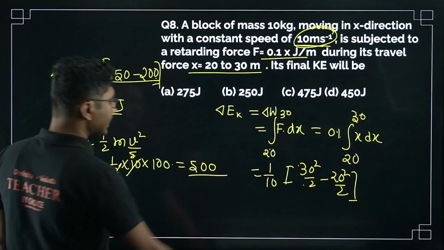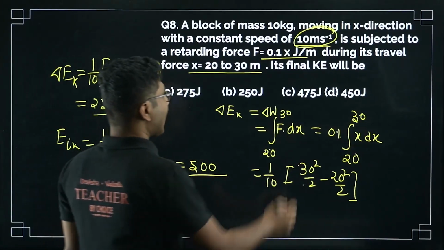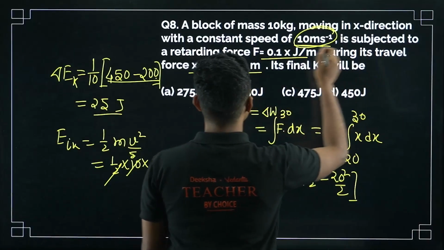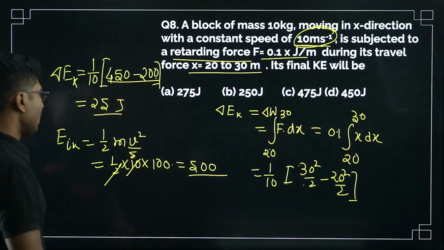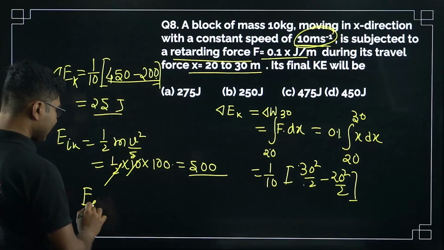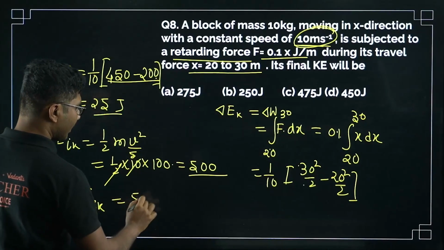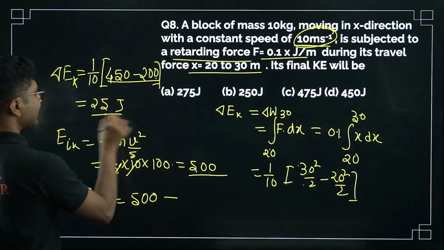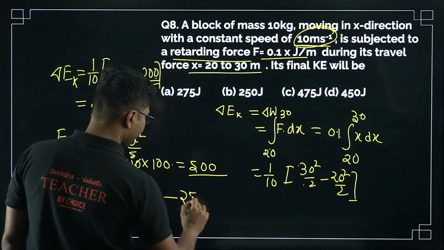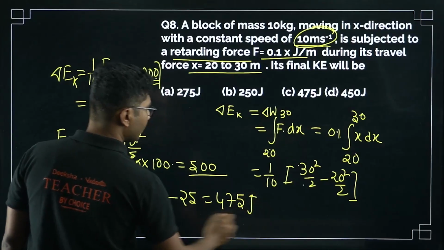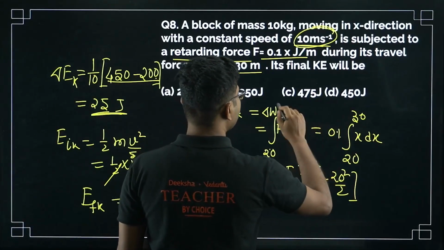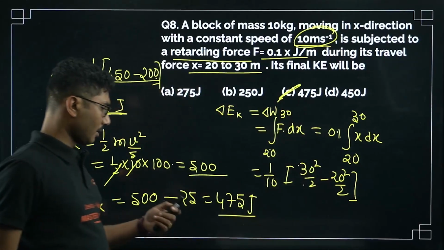Now this is the initial kinetic energy, and the force is a retarding force. Retarding force means it is opposing the motion, so the final kinetic energy will be 500 minus the change, which is 25, that is 475 joules. Okay, so the answer will be 475 joules.